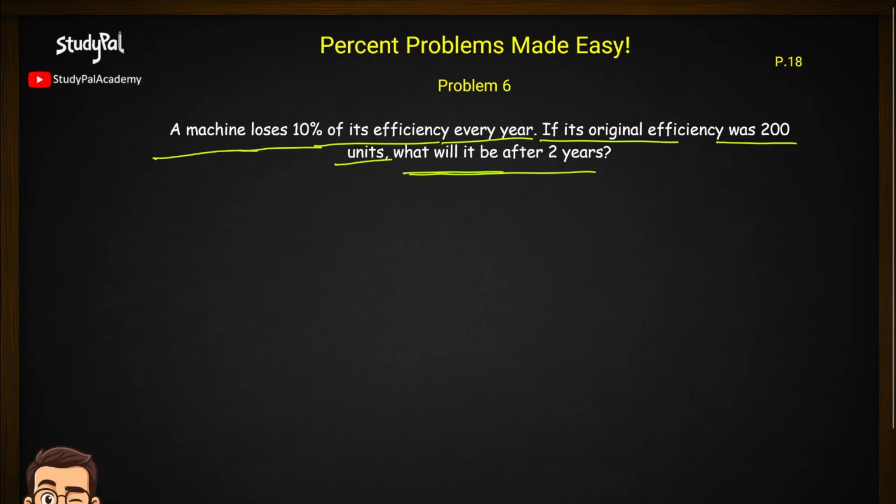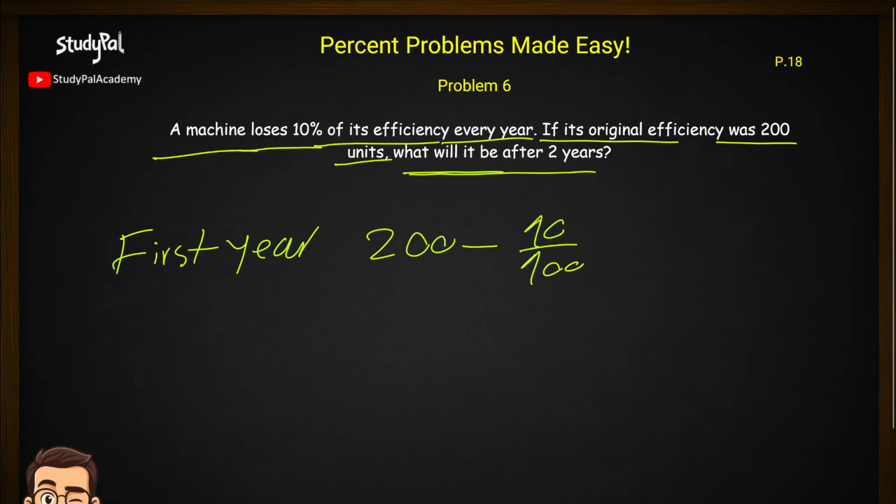In the first year, it loses 10% of its efficiency, which was 200 units, and it means that you need to subtract 10% of the original efficiency, which was 200.